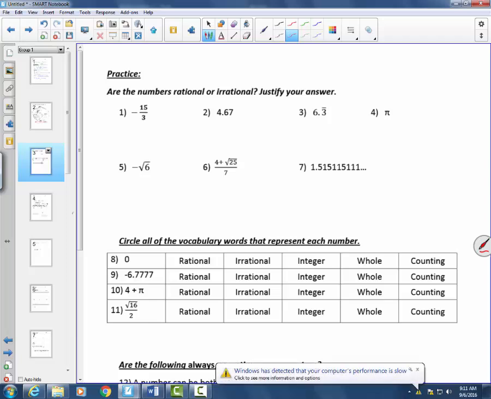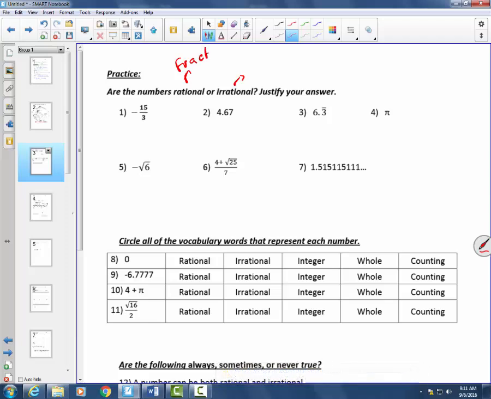Okay? All right, let's try some practice here and see what we got. Are the numbers rational or irrational? So I don't want to know anything else. I just want to know rational, irrational. Rational are things like our fractions. Irrational are not fractions. Okay, so negative 15 over 3, it's a fraction, rational. I'm going to abbreviate it, right? Why? Because it's a fraction. We have 4.67, rational.